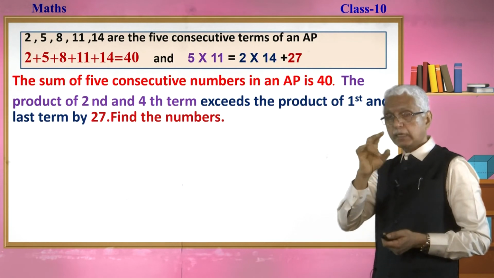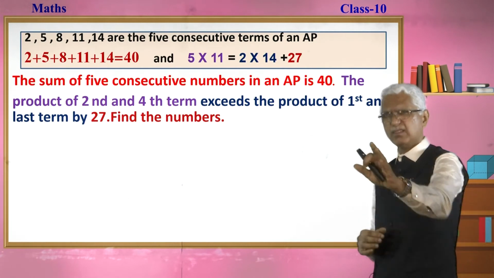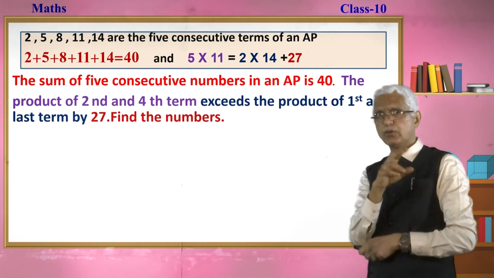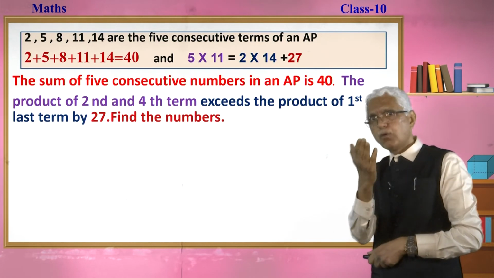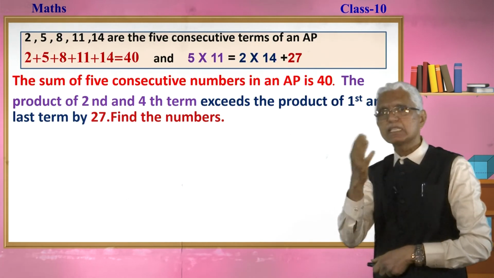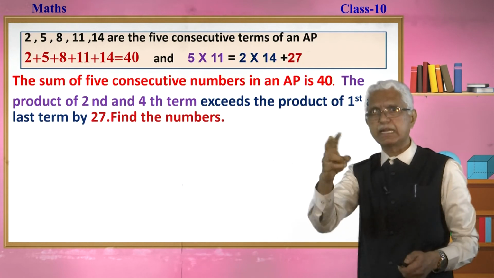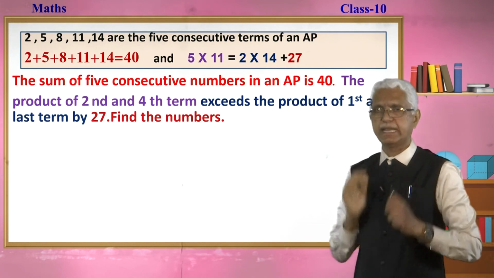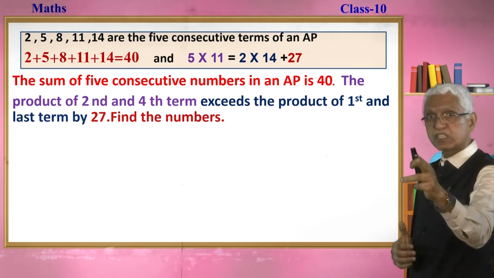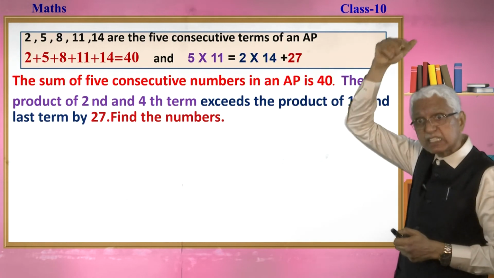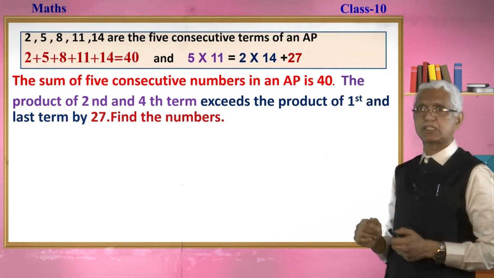The product of the second and the fourth, we will verify here. Second and the fourth, second is 5, fourth is 11, 5 11s are 55. So, the product of the second and the fourth is 55, keep it aside. The product of the second and the fourth exceeds the product of the first and the last.